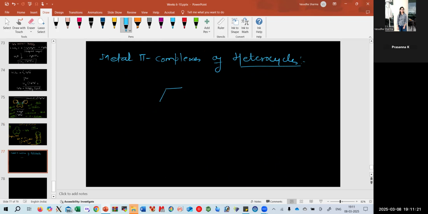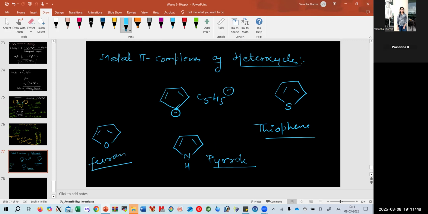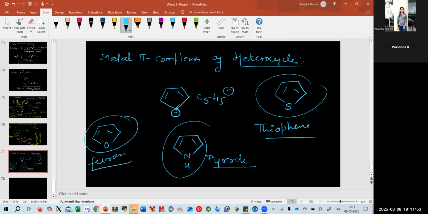If I have a C5H5 minus, and in that carbon place I put a sulfur, that becomes thiophene. If I put a nitrogen with a proton, that becomes pyrrole. And if I put an oxygen, that becomes furan. So furan, pyrrole, and thiophene are your heterocycles.